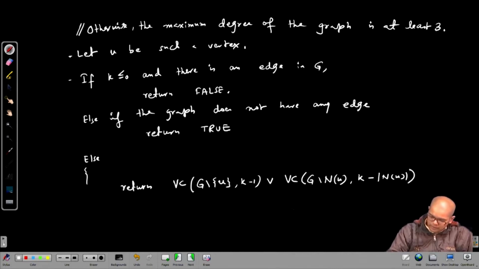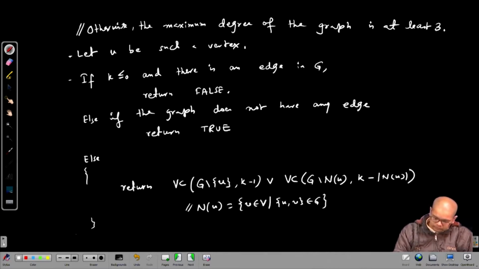So what is N(U)? N(U) is the set of vertices such that there is an edge from U. Okay, so this is the algorithm.